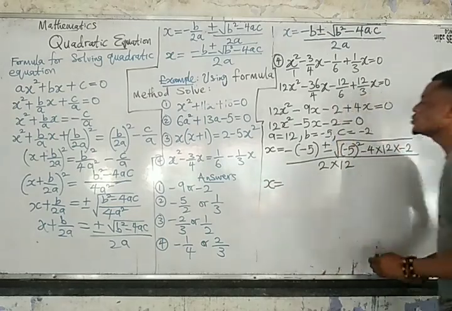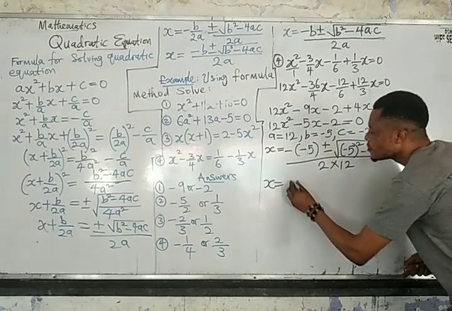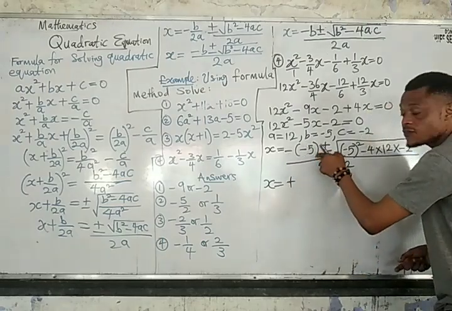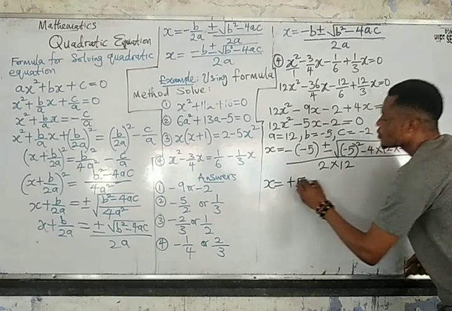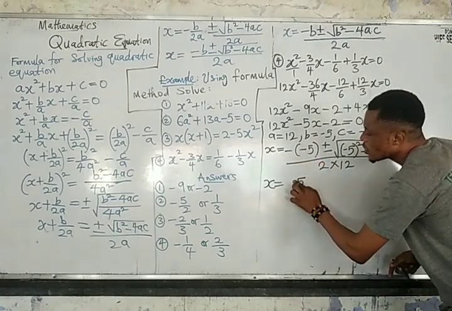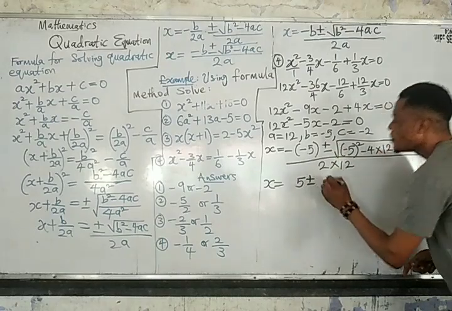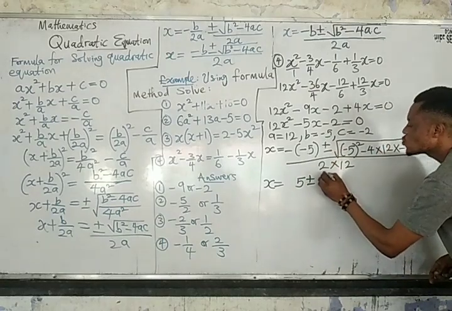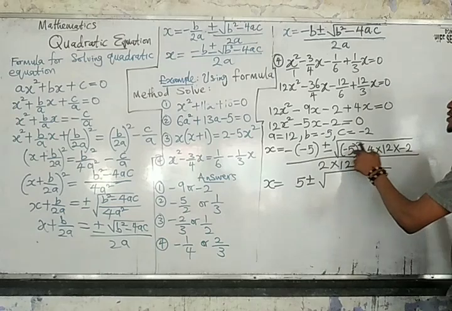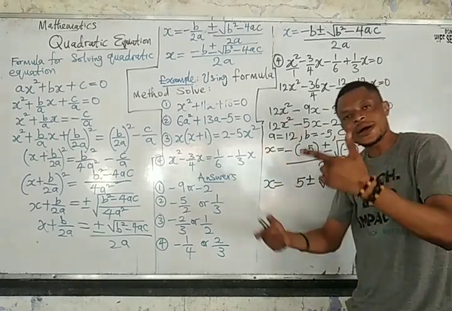X is equal to minus times minus plus. We have plus 5. But naturally, I don't need to write a plus, so I'm cleaning it off. Then we have plus or minus the square root of minus 5 raised to power 2.